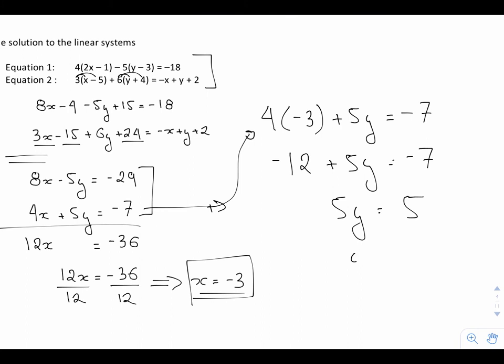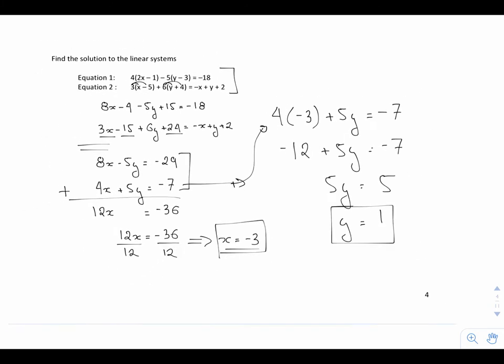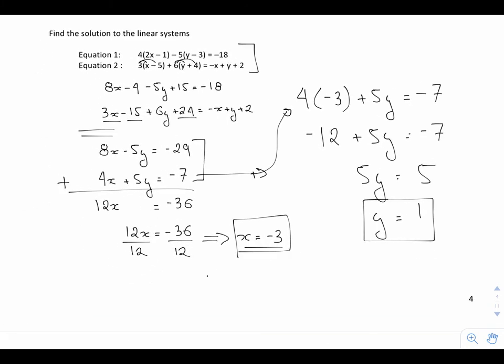And it looks like my final answer for y is 1. And there you have it. Your x and y value, which means our point of intersection is equal to negative 3, 1.